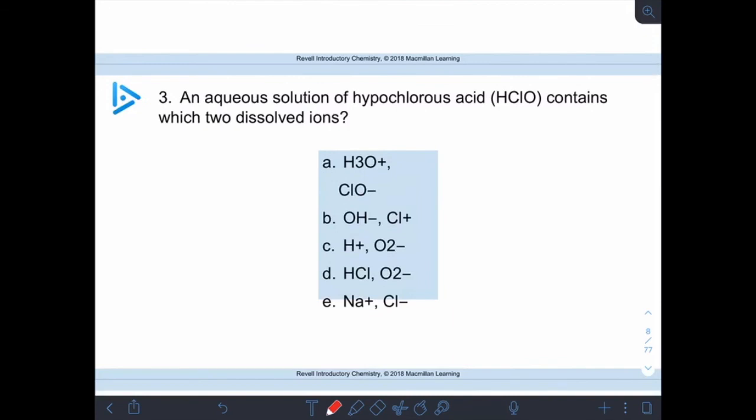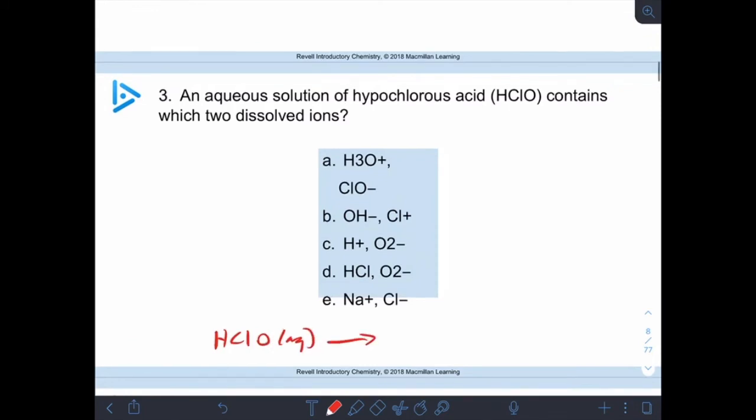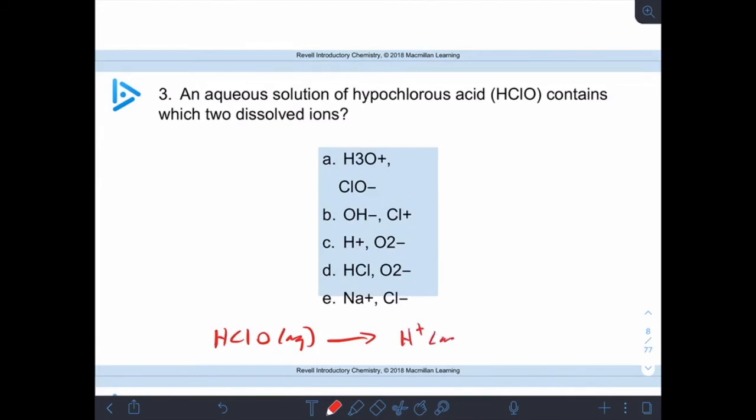All right. So this question says an aqueous solution of hypochlorous acid, HClO, contains which two dissolved ions? So the easiest thing to do is just write an equation for this, just like we did in the earlier slide. So HClO, aqueous, is going to come apart into an H+, aqueous, and a ClO-, aqueous. Okay, so that's pretty straightforward and easy, but it does say that it's an aqueous solution.